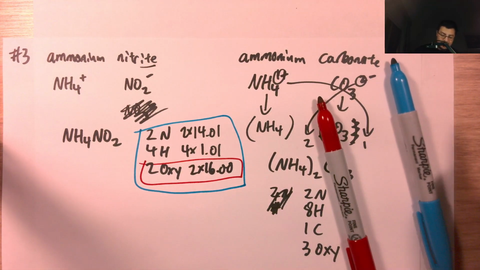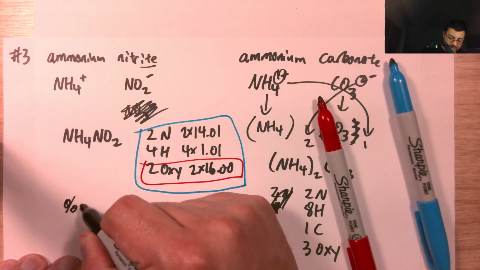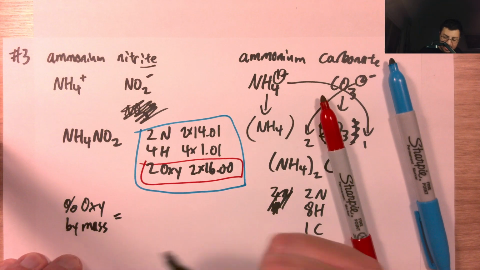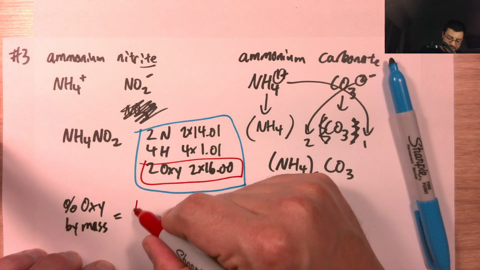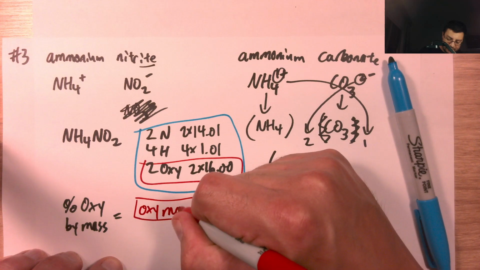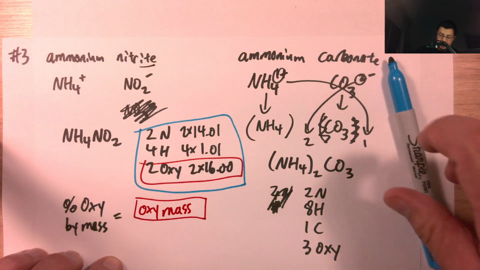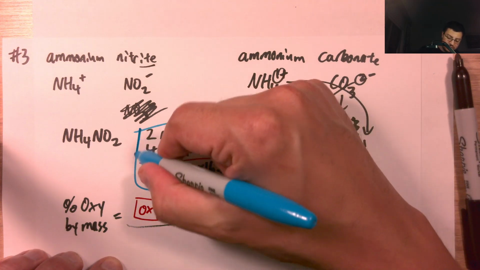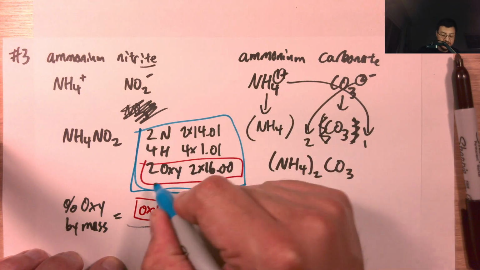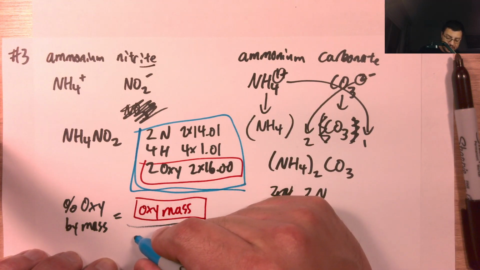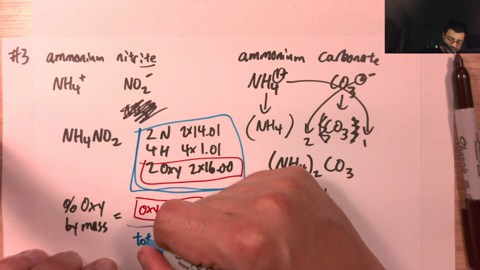So using the periodic table to get the percent oxygen by mass, you would do the oxygen mass, which I have boxed for those 2 oxygens. And then you're going to divide that by the total, which includes the oxygens in the blue box. So that'd be the total mass.